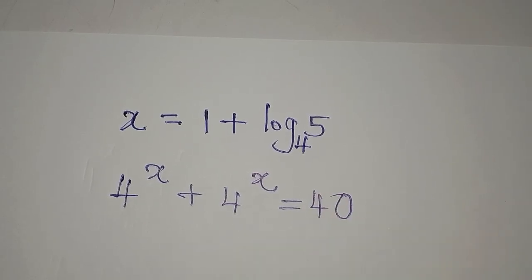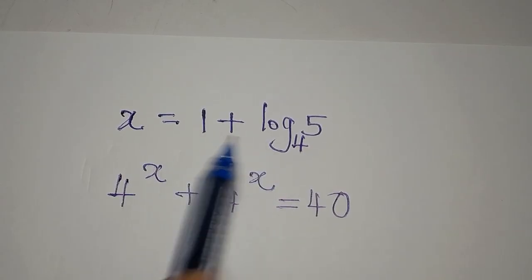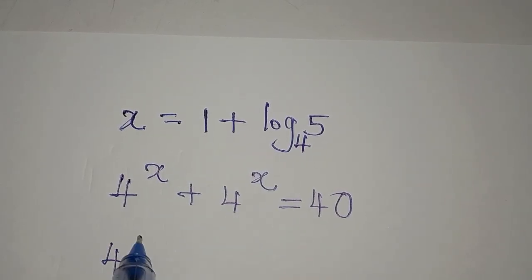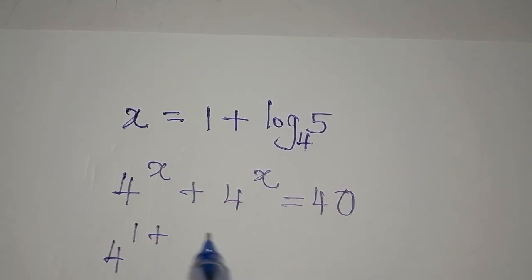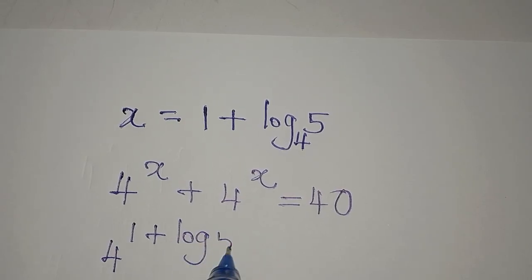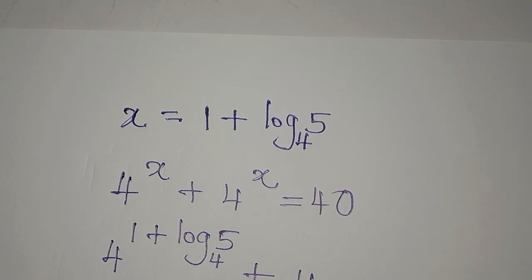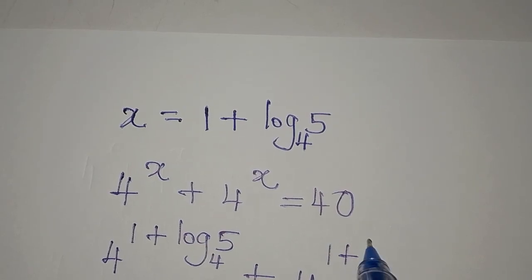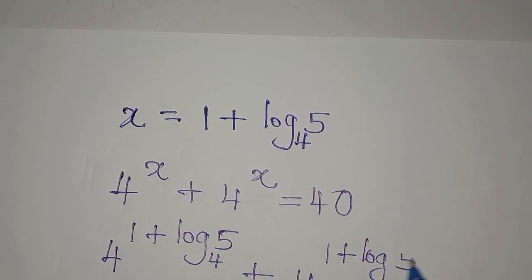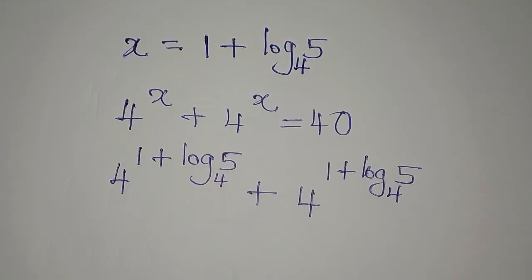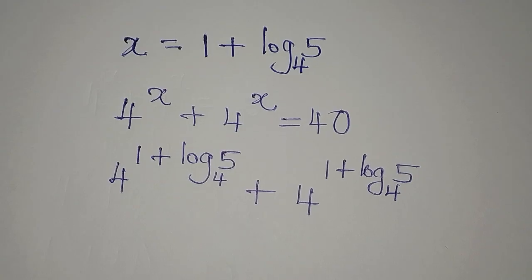So in place of x now, I'm going to put the whole of this: 4 to the power of 1 plus log 5 to base 4, plus 4 to the power of 1 plus log 5 to base 4 again, right?